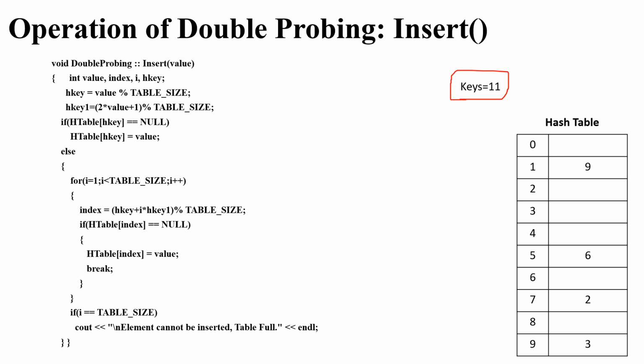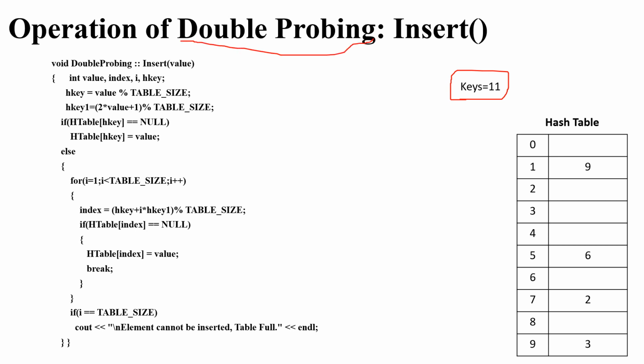Linear probing had the primary clustering problem, quadratic probing has the secondary clustering problem, and double hashing resolves all of these because it uses the concept of a second hash function.